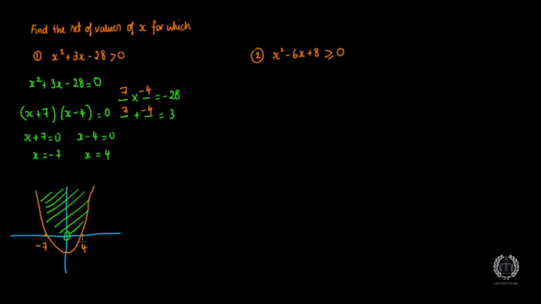Okay, I think I missed that on the tutorial. So one little thing I forgot to add here on the tutorial is that if it's greater than 0, you have to shade on the top, okay? Because it's greater than 0. You don't really need to do it, but it's best to do it because it shows the examiner which region you're looking at.